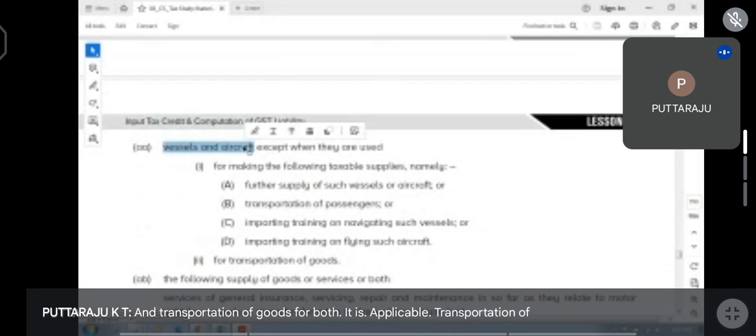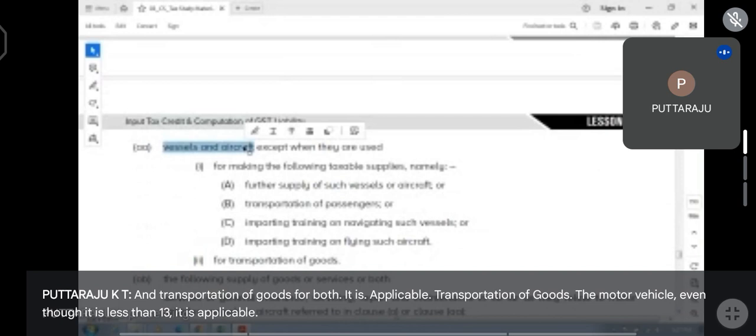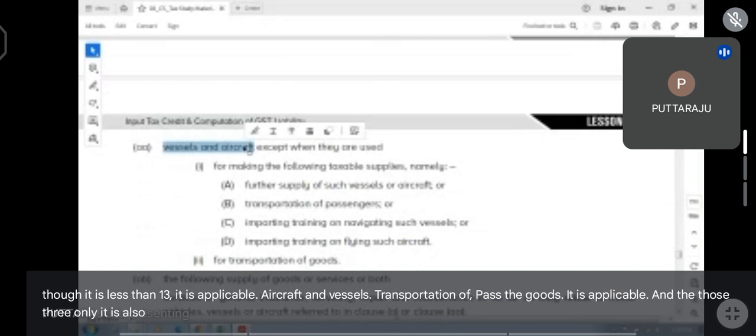Transportation of goods, the motor vehicle, even though it is less than 13, it is applicable. Aircraft and vessels, transportation of passengers and goods, it is applicable. And those three only are applicable: passenger transport, imparting training, further supply.